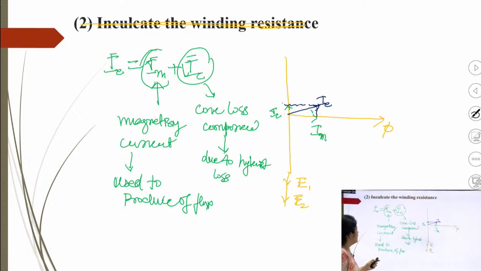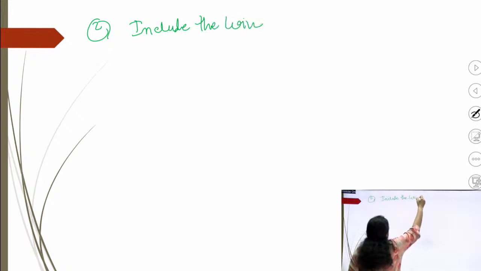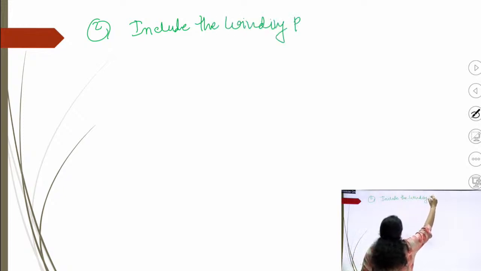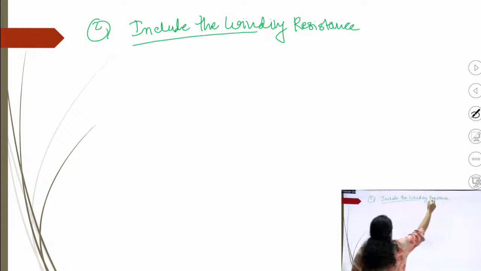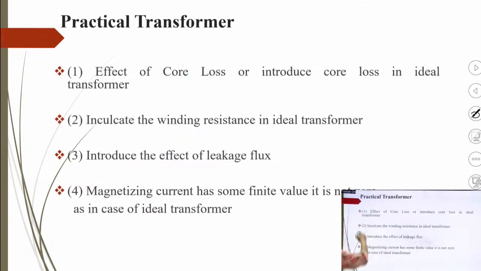Now, we are trying to see the second, we now include the winding resistance. In the practical transformer, one we have seen how we will see the effect of core loss in the transformer, right.